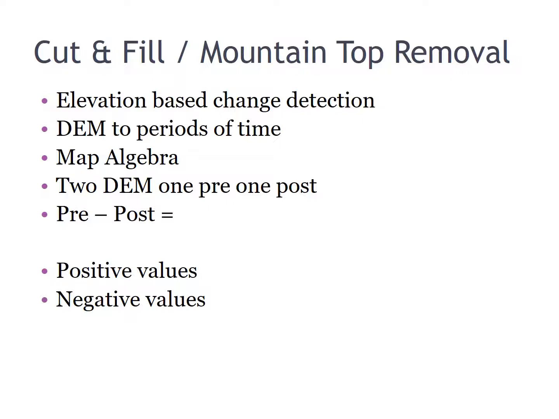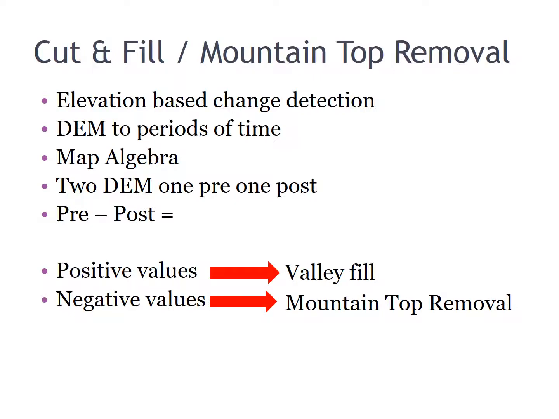Using the pre and post, we can identify on a pixel by pixel basis if the elevation has increased or decreased. Where it has decreased, that is a removal, and where it has increased, that is a fill. So, positive value, valley fill; negative value, mountaintop removal.